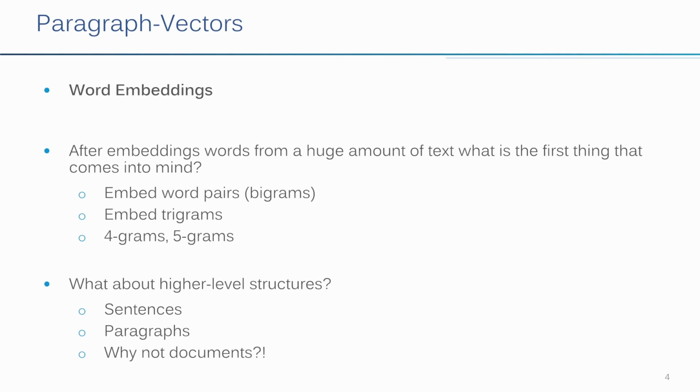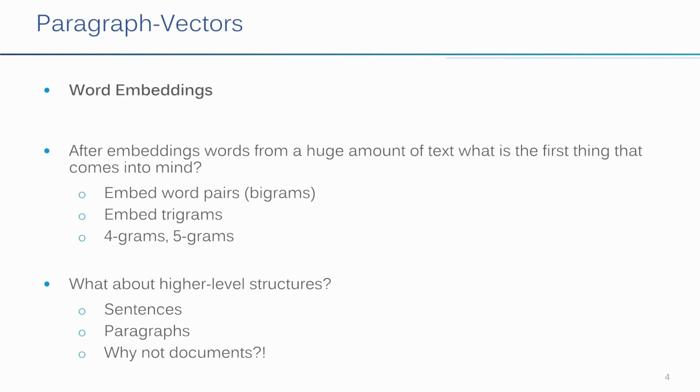Then, that being said, after embedding those words, one thing that comes to mind is what happens if I embed two words at the same time, or three, or four for that matter. Probably the context that those two words are offering would all be placed in one single vector, and then it would be hard to understand exactly which value belongs to each word in this representation that we have.